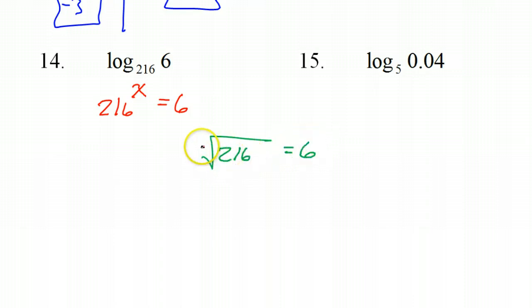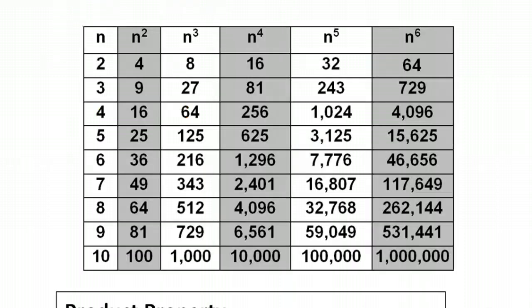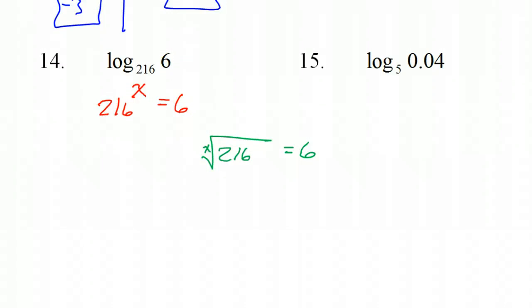The question is, will it be square root or third root or fourth root or what? What type of a root changes 216 into a 6? Well, we can find that on the chart. Okay, it has to turn into a 6, so we know we're looking at this row. Alright, there's our 216. So look, it'll be the third root, right? Working backwards is always doing the root. So the third root of 216 would equal 6. Okay, so that means what I'm looking at is the third root of 216 will equal 6.